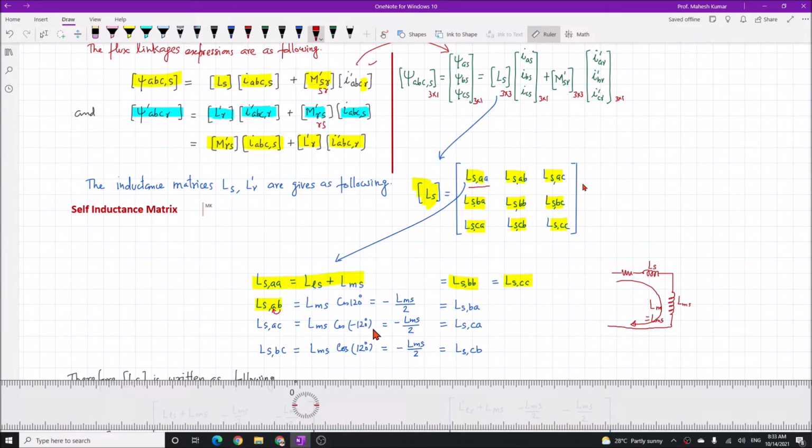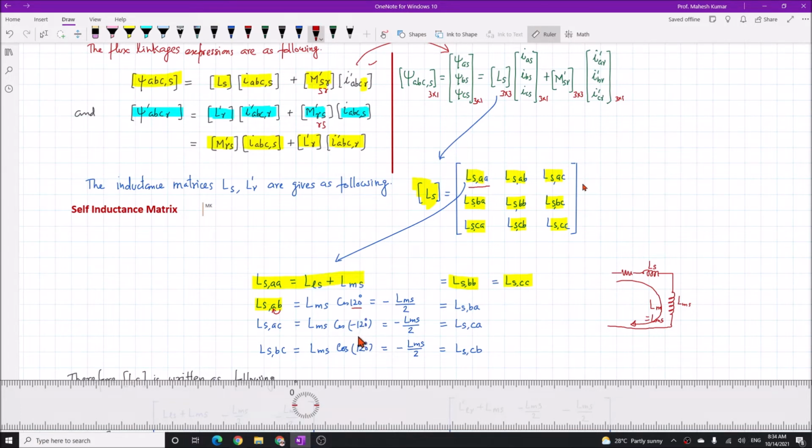As we know, B phase to B phase is zero angle. So if the B phase current has flux linkages which link to the A phase, the space angle is 120 degrees. So this will be reduced by the angle 120 degrees.